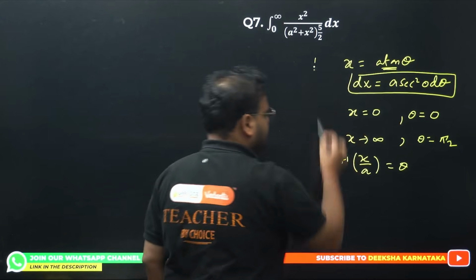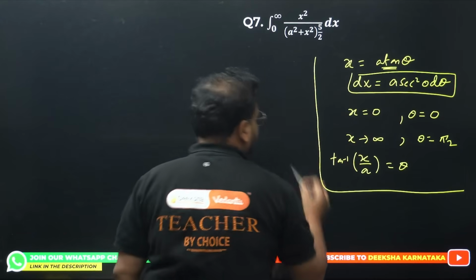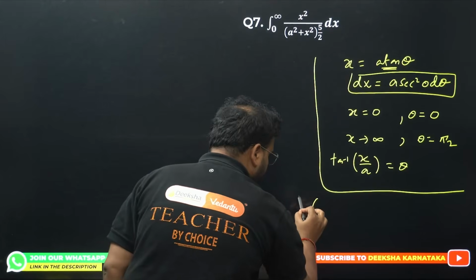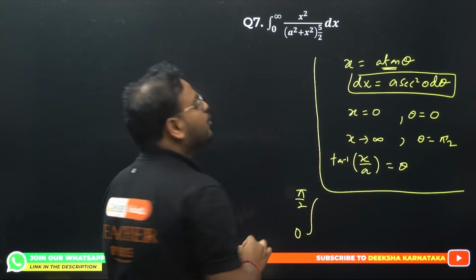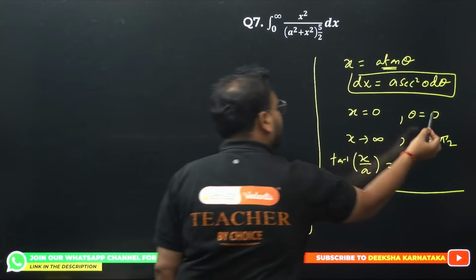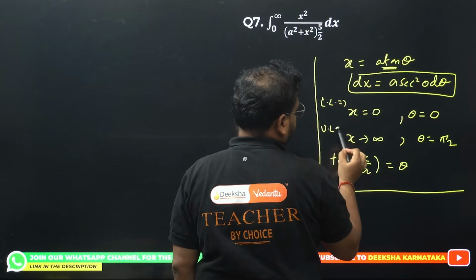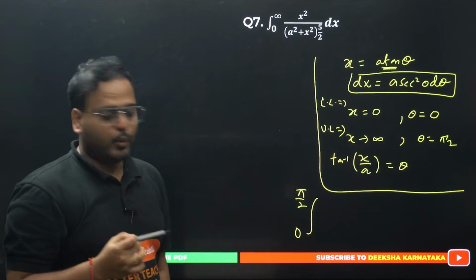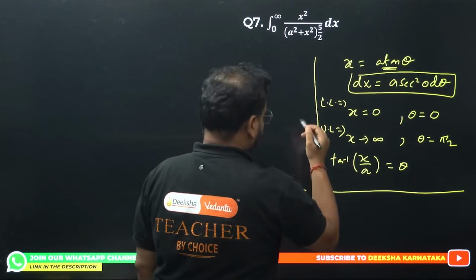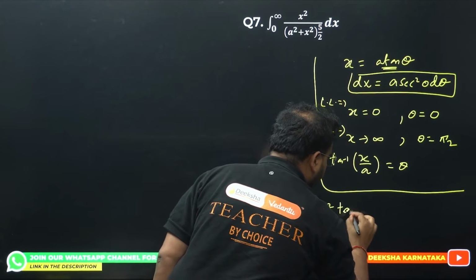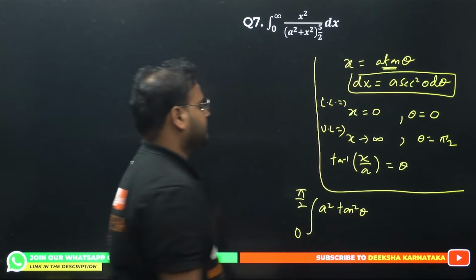Now check the integration that I have made over here. This changes to the integral from 0 to pi by 2, lower limit 0, upper limit pi by 2. The function x square means a square tan square theta.